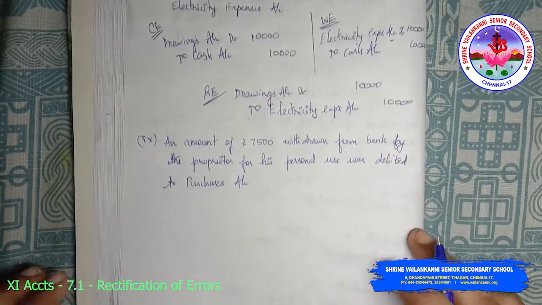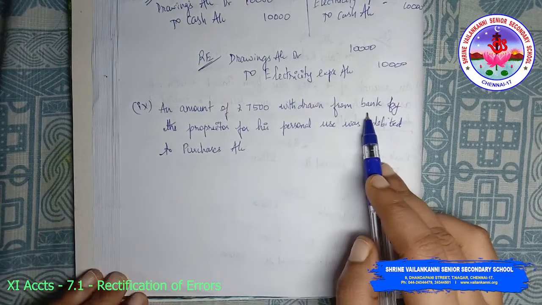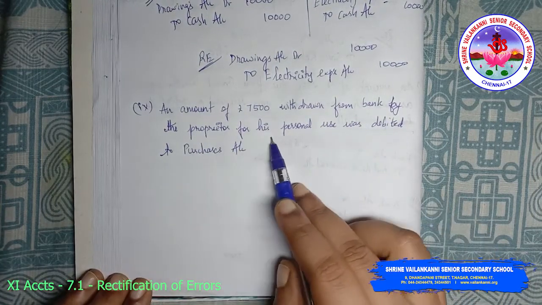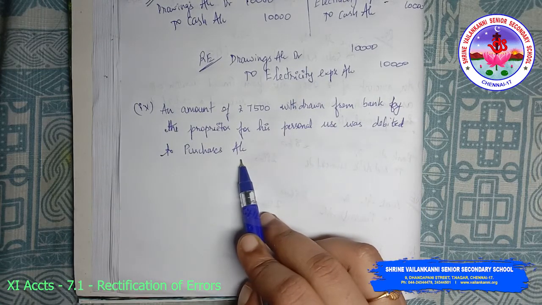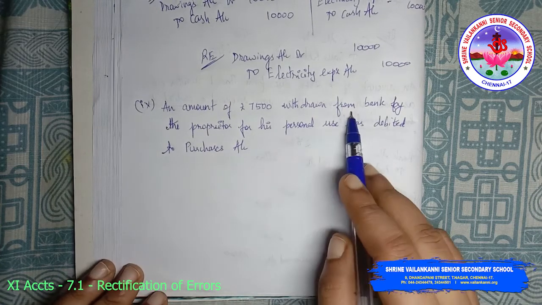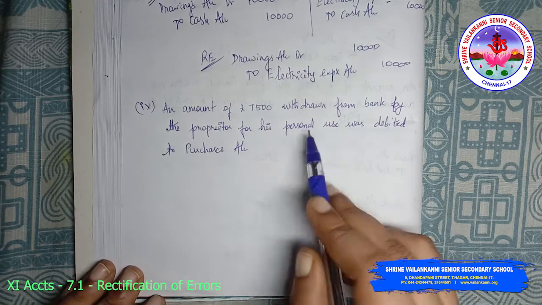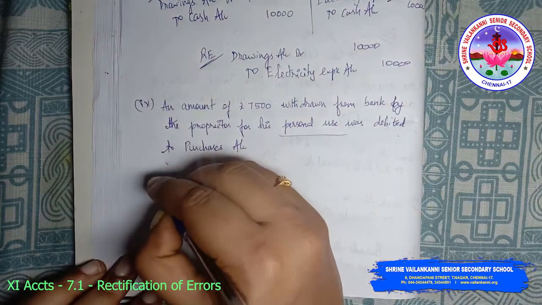Okay, so this is the right entry. An amount of rupees 7,500 withdrawn from bank by the proprietor for his personal use was debited to the purchases account. What is the correct entry?